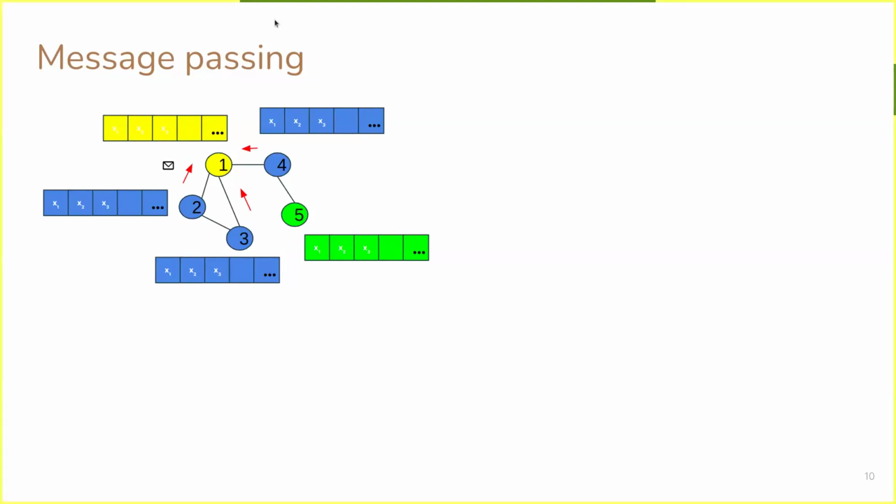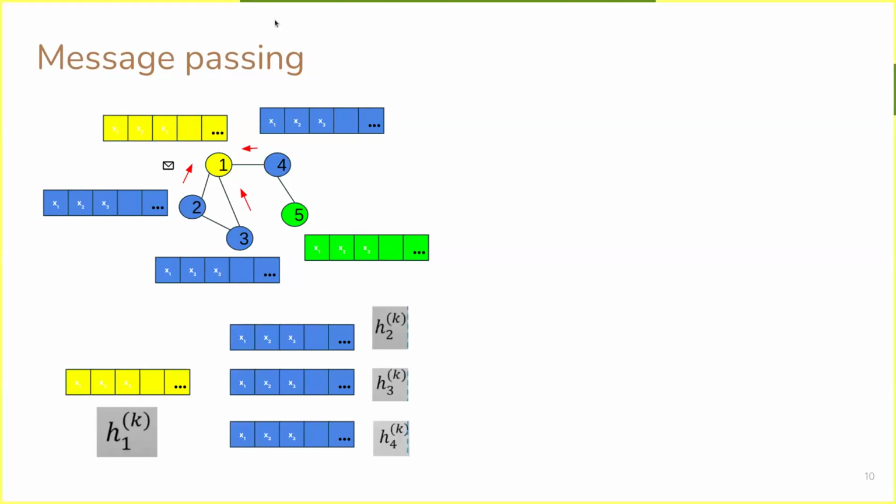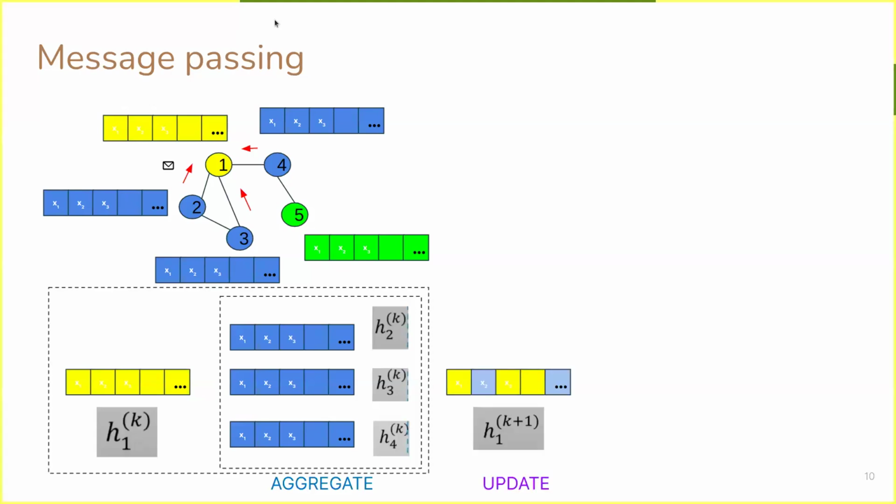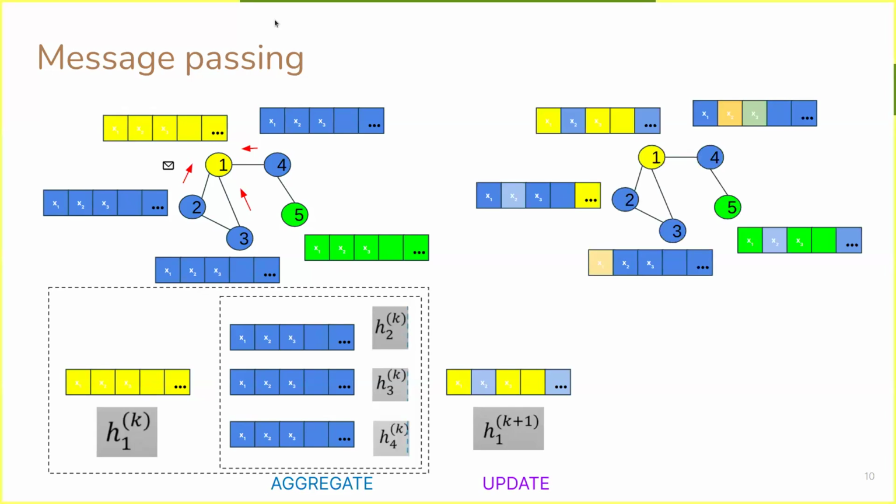All the nodes have some messages, which are represented by their embeddings, and then we want to pass them onto our target node. At the end, we want our target node h1 to have some representation which comes from all the neighboring nodes around it. So in the first step, we aggregate the messages to it, then we update it. And we're going to see the update rule in the next slide.